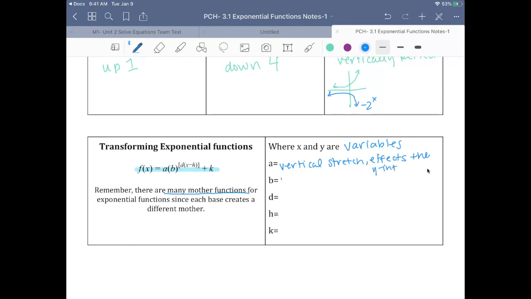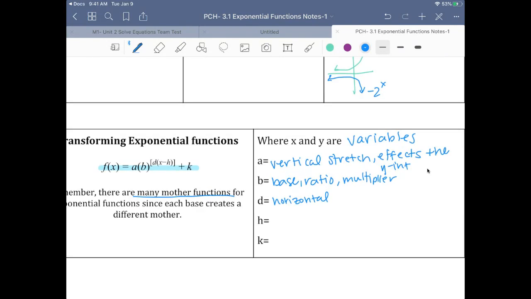The b is the base value or your ratio, your multiplier. Okay, the d value is the horizontal stretch, and also your horizontal reflection.